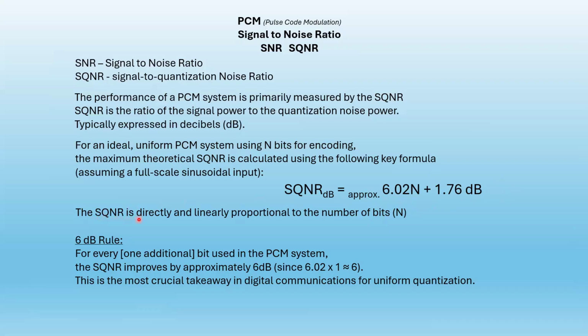The SQNR is directly and linearly proportional to the number of bits, which means the more bit depth we're going to have, talking vertically, right, the fewer errors we're going to have when it comes to representing the signal that we have to recreate.